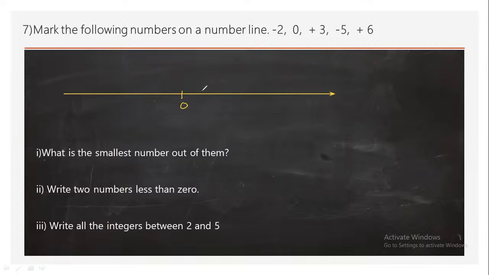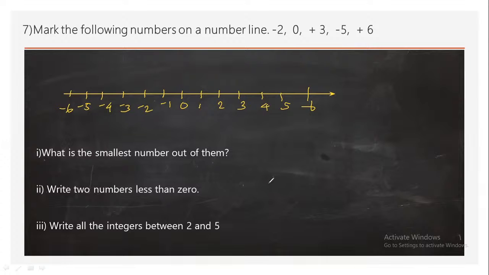Mark the numbers 1, 2, 3, 4, 5, 6, minus 1, minus 2, minus 3, minus 4, minus 5. Right. Now we can mark minus 6. Now we can mark these numbers on the number line.